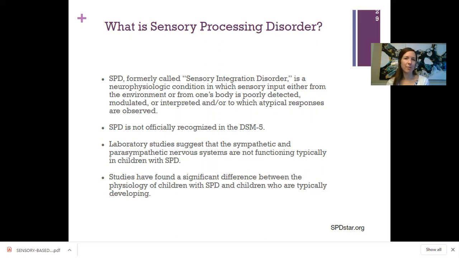It's really hard for some people to understand sensory processing disorder because it's hard to show the physiological markers, but there have been studies, and we'll talk about a few of them, that show some physiological markers. But generally, it is harder. We more look at a child's or a person's behavior and get information about how they're processing sensory information based on their behavior and their responses to sensory input.